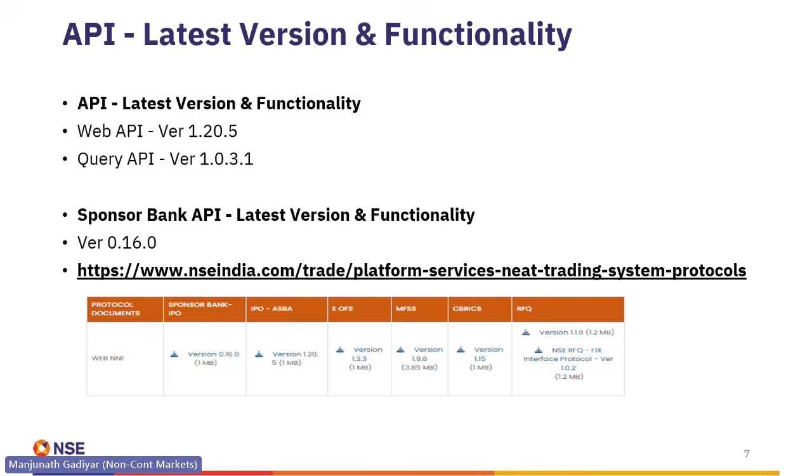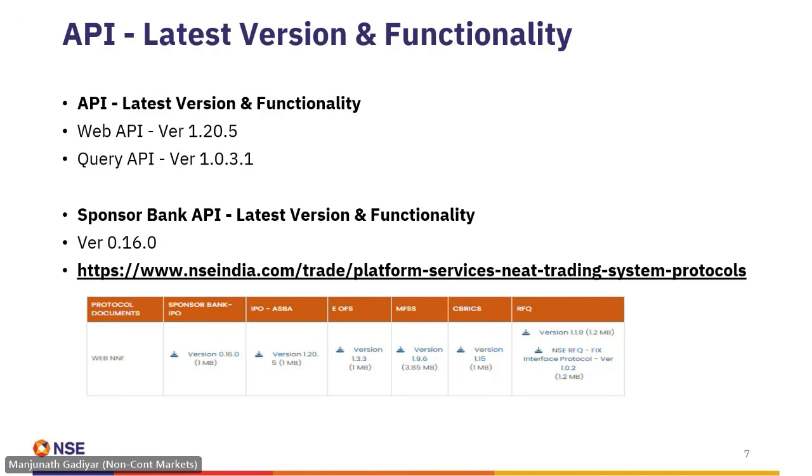These APIs are also available on the front login page of eipo.nseindia.com. So in case they are not able to find it on the website, they can also go on the eIPO front end, and on the front page of the login screen itself, they can download these APIs.